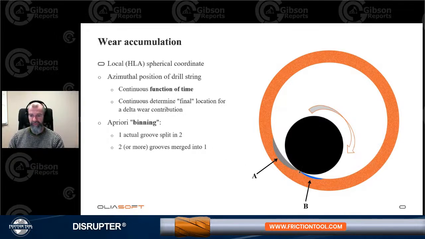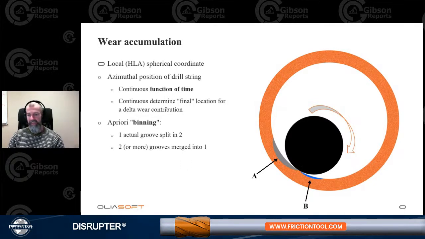So if the bin limit was located directly here where it's touching, and then at one point the model calculated the value where it ended up on the left side, it would go into the left side bin, and then a bit further down it might move just a couple of degrees over onto the other side of the bin limit, and then it would start adding wear to, call it, the B side here.